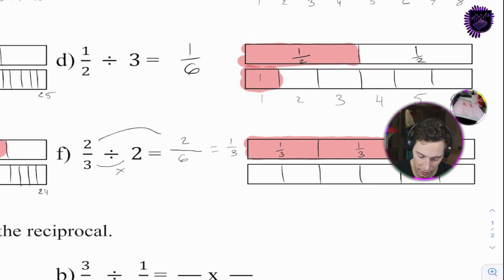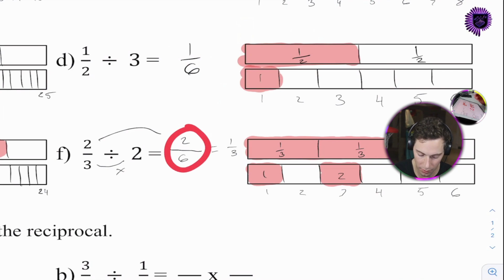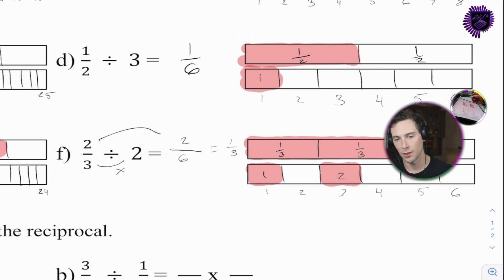And then we get to keep 2 of those pieces. 2 of 6, which is this one right here, 2/6. And of course, you can simplify down to 1/3.